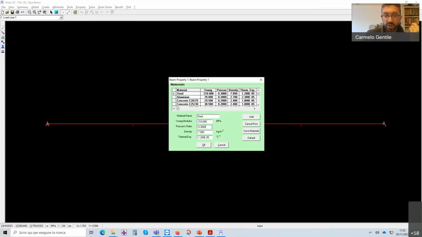The Poisson's ratio is 0.3. The density is 7,900, basically kilonewton, or 8 tons per cubic meter. The thermal expansion coefficient is 1.